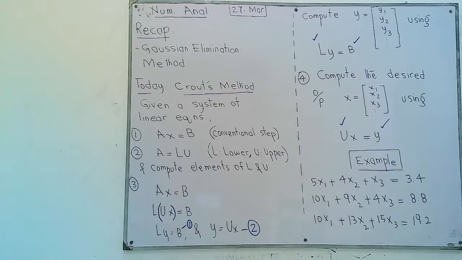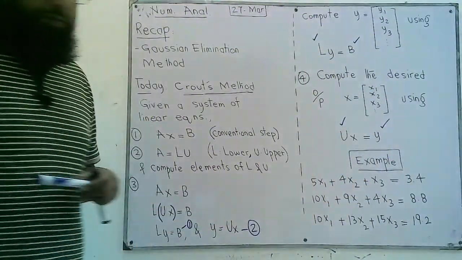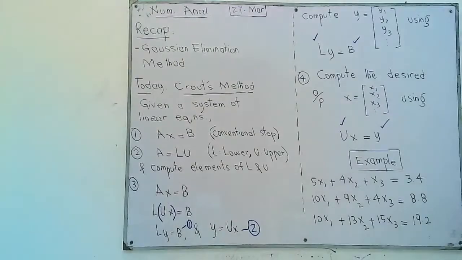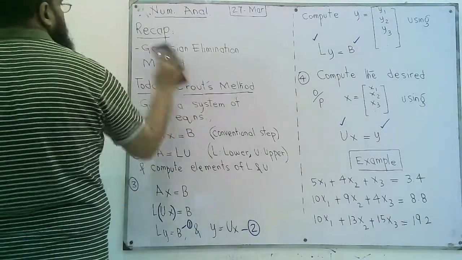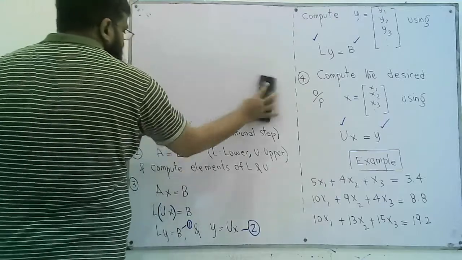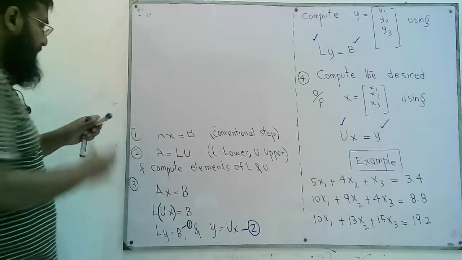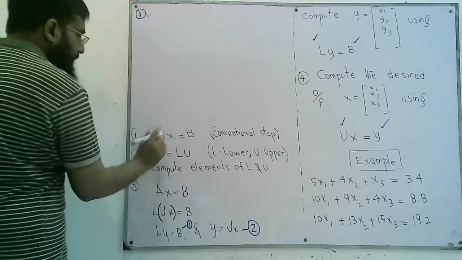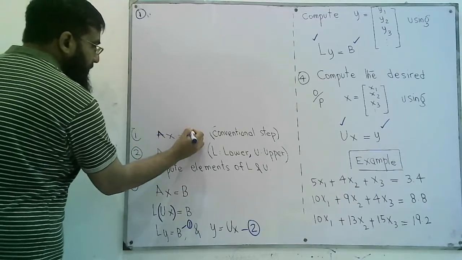Right, this is a system of linear equations containing 3 equations, and we are supposed to find the values of x1, x2, and x3 using Crout's method. So now let's perform step number 1. A times x is written equal to b.